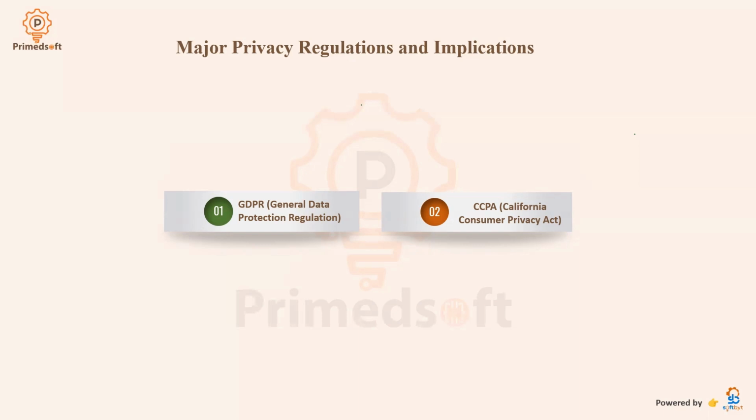So GDPR requires organizations to obtain explicit consent for data collection and processing. I've explained that with the concept of cookies. This ensures data subject rights, such as the right to access and erasure, and mandates stringent security measures. So if I say I don't want you to monitor my transaction, you don't have any right to.